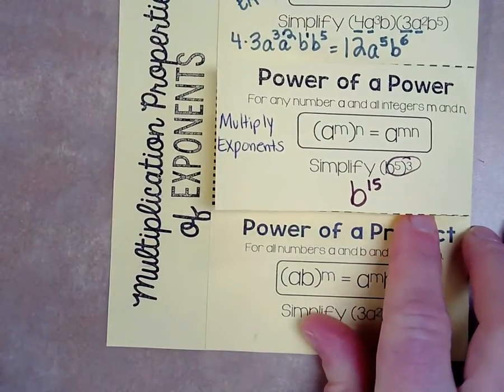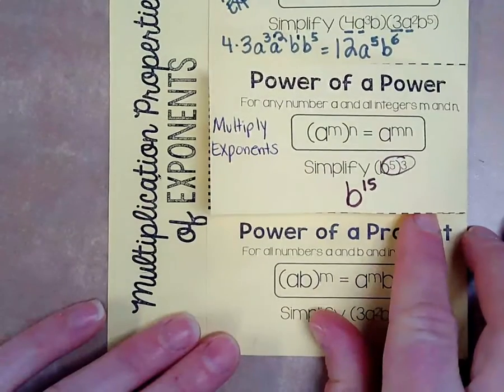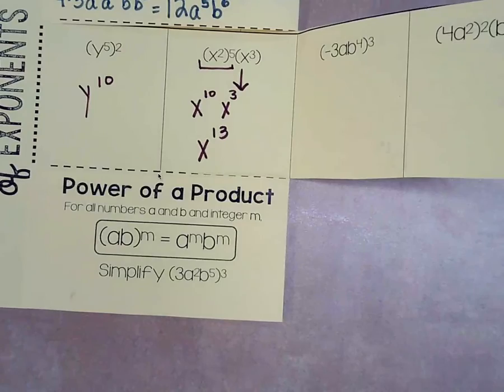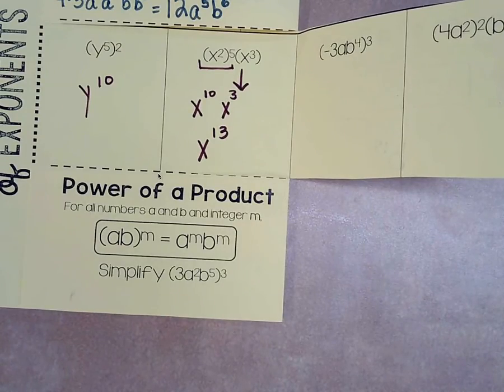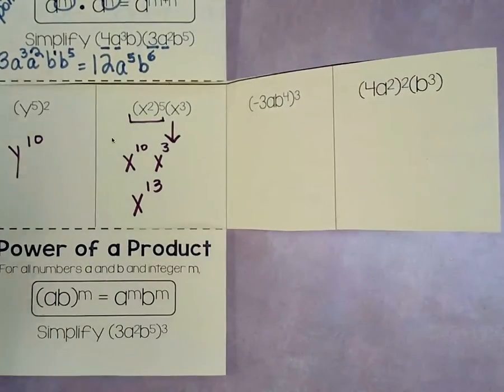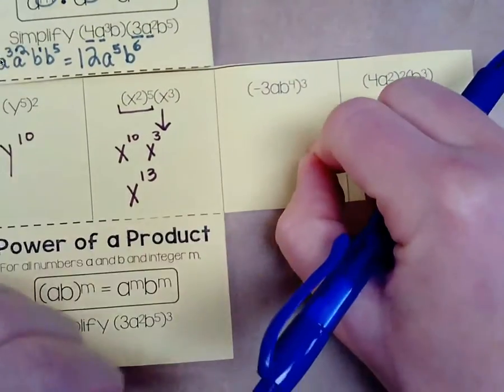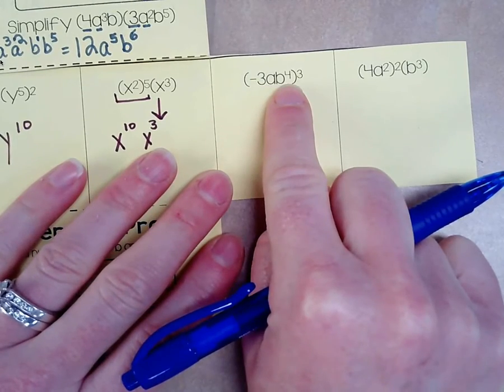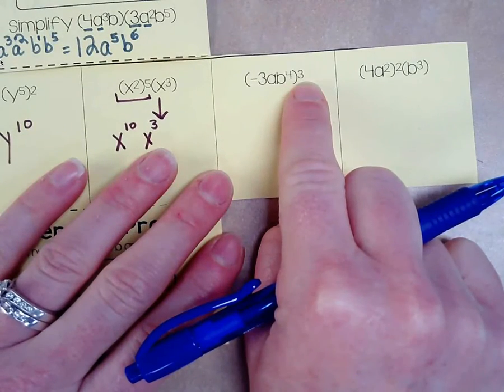So we've done some of these, but we haven't finished. So let's look at the ones on the inside. We've done 2 of them. So let's go ahead and do this next one. So this whole thing is being raised to the 3rd power.